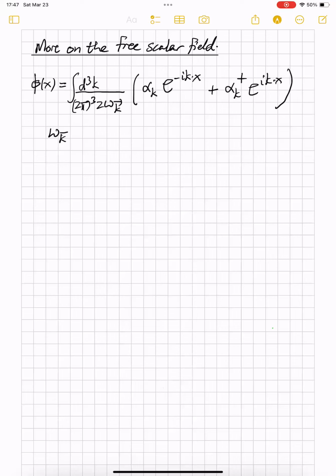In this formula, ω_k is equal to the square root of k·k plus m squared. So that's what ω_k is. And let's just write out, what do we mean by k·x? Well, k·x is ω_k t minus spatial k dot spatial x.